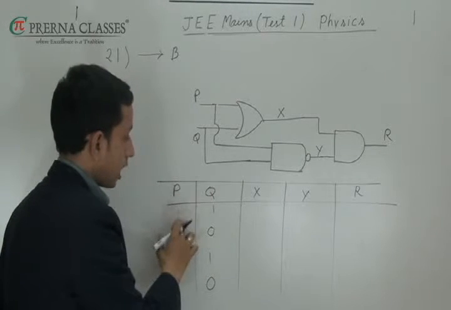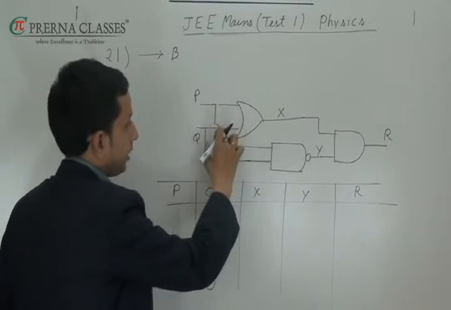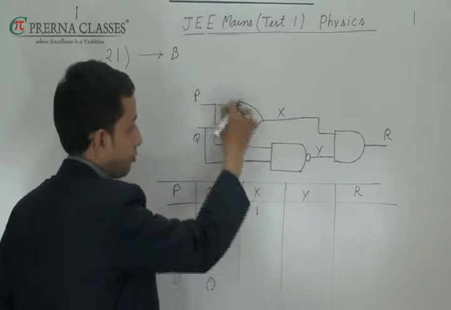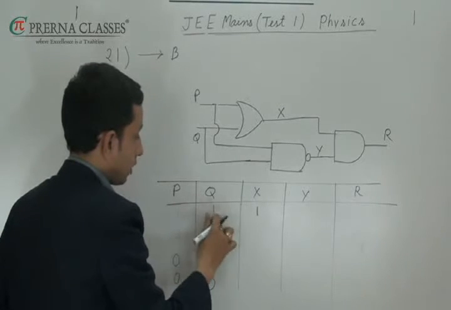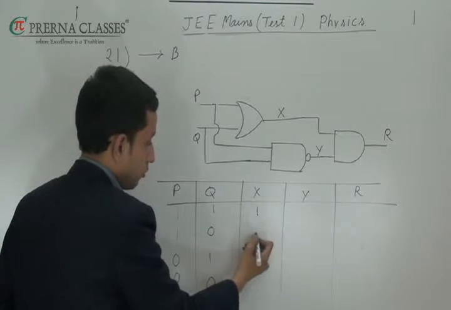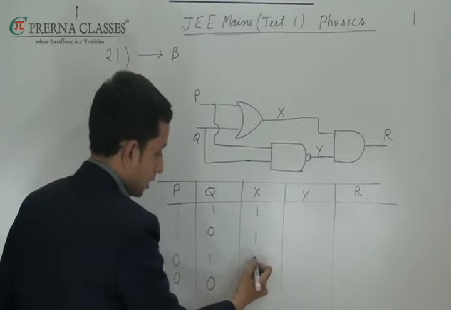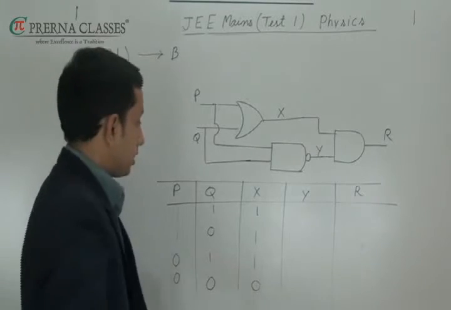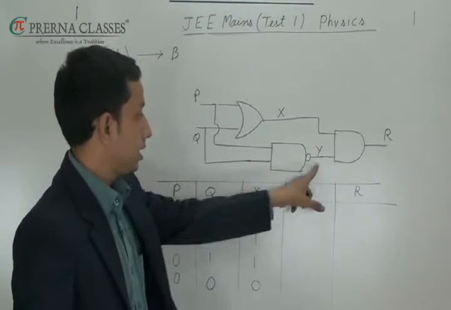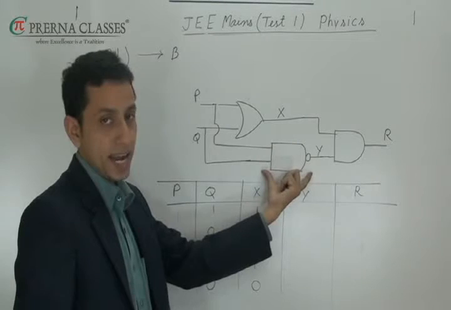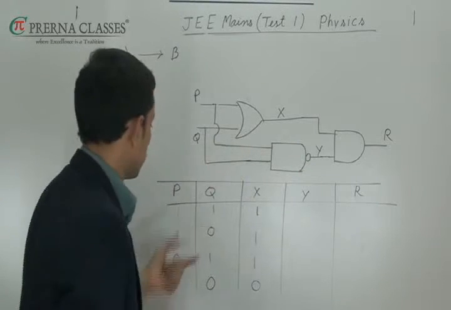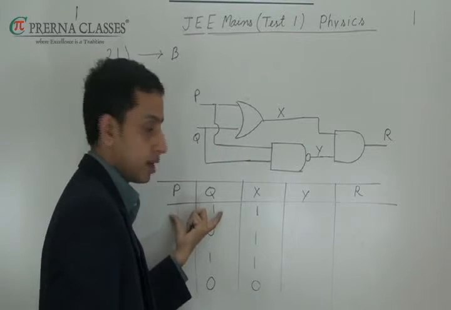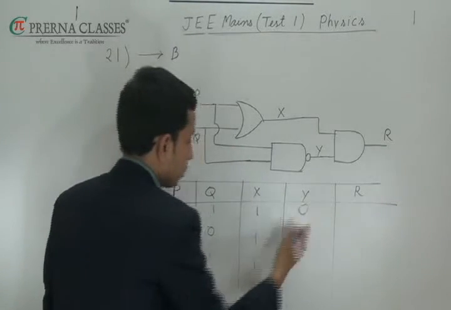So if both inputs are 1, here in the OR gate for X, since X is the OR result of P and Q, for 1 1 we will get 1, for 1 0 we will get 1, for 0 1 we will get 1, and for 0 0 we will get 0. Y is the result of the NAND gate, and inputs are P and Q. So if both are 1, its AND will be 1 and NAND will be 0.